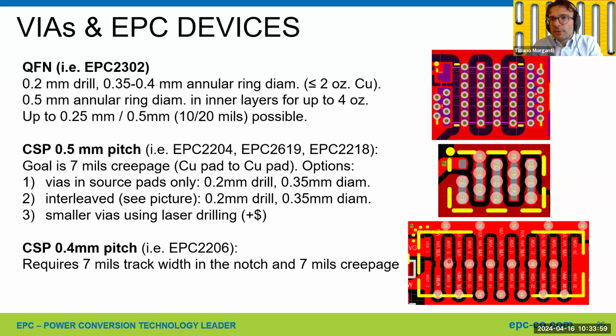So we have, for example, this kind of configuration here, in which the pads of the device are separated into sections, one upper and one lower. So we can place the vias in the middle, but we have to create this notch, which is only 7 mils wide. So the layout of 0.4 millimeter pitch devices is not trivial.